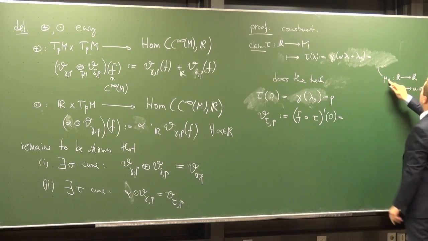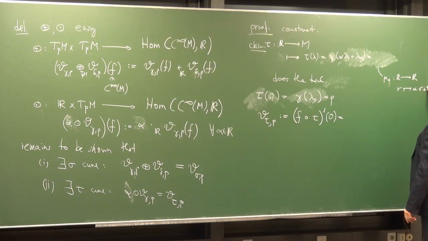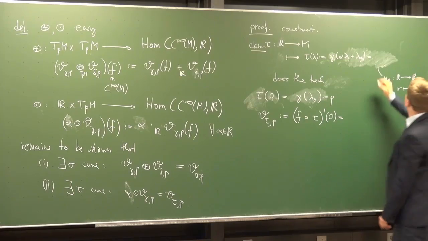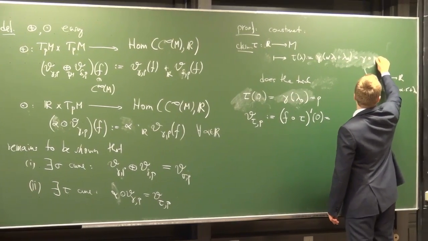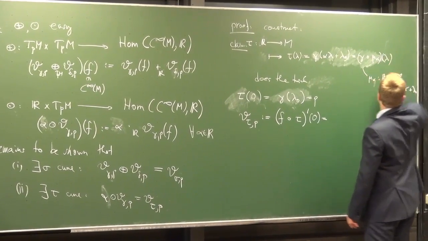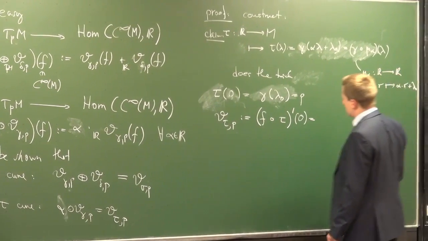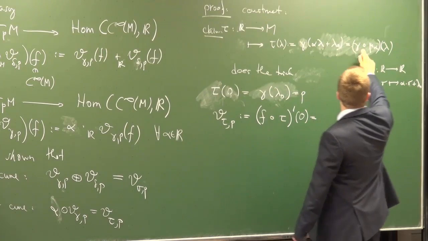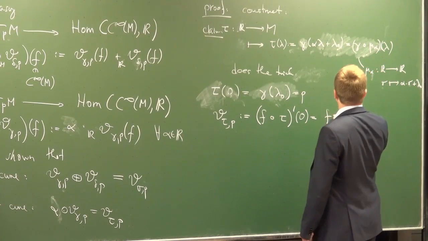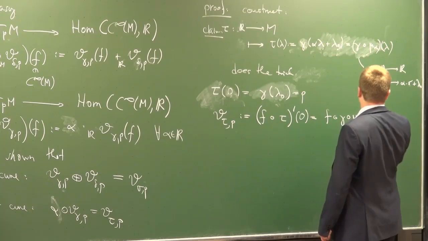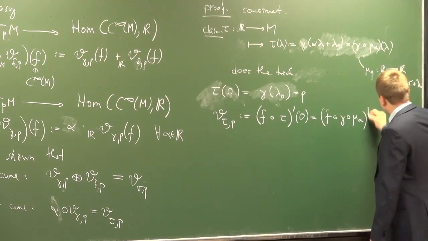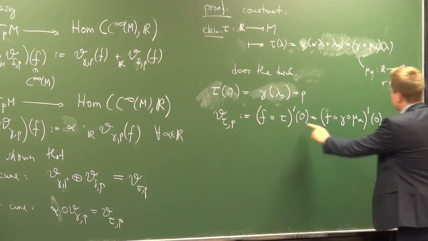So I take this mu_alpha, plus lambda 0 for simplicity, is gamma after mu_alpha of lambda. This is an R, this is an R, that's fine. So I now have this chain rule, is f after gamma after mu_alpha, derivative at the point 0.